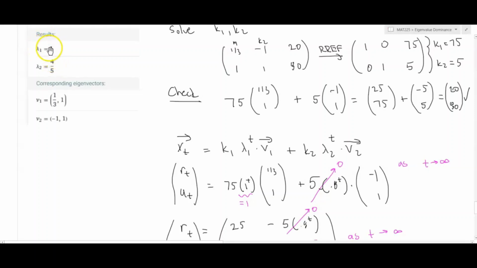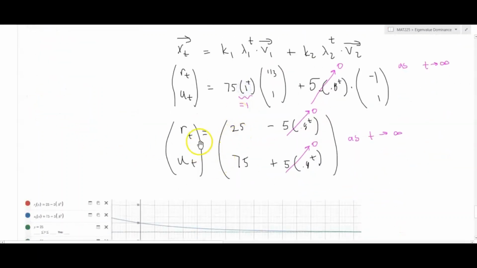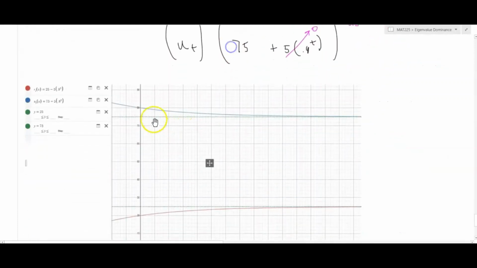If this was a 2, then ultimately our initial state vector would transform into the eigenvector, but it would be scaled by a factor of 2 each time, so the values inside would double in the long run and not approach a steady state like we have here.